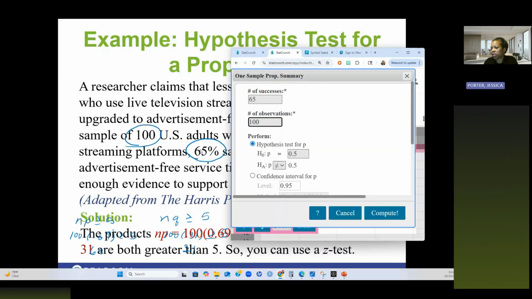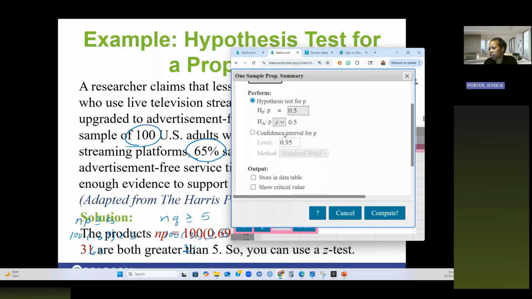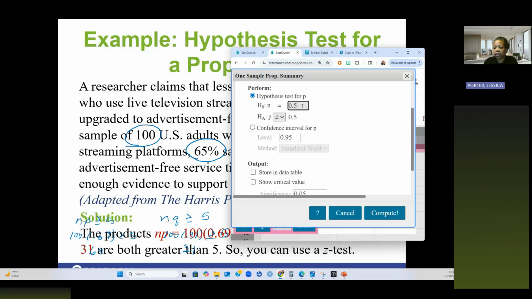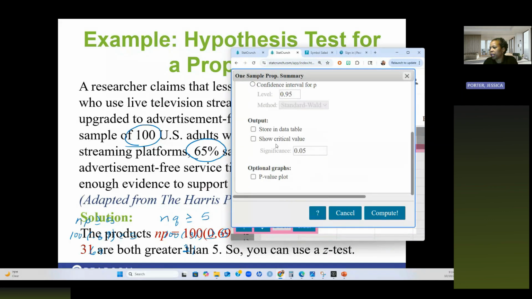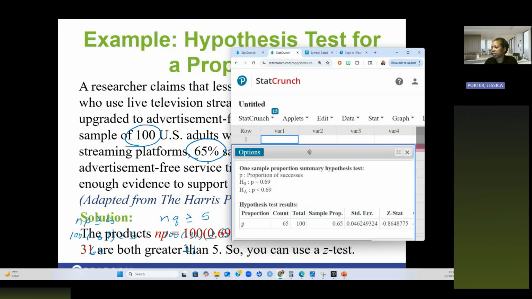I just multiplied 0.65 times 100, and 100 was the number of observations. Then I did the show critical value. Make sure your alpha level is correct, and then your Z statistics are there.